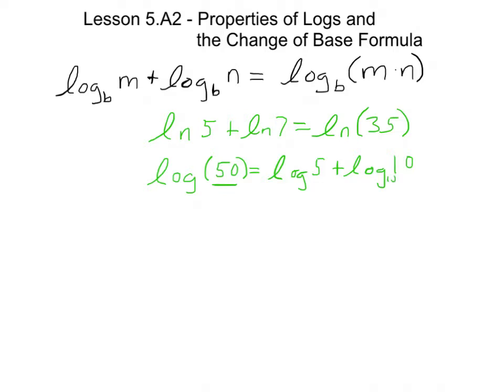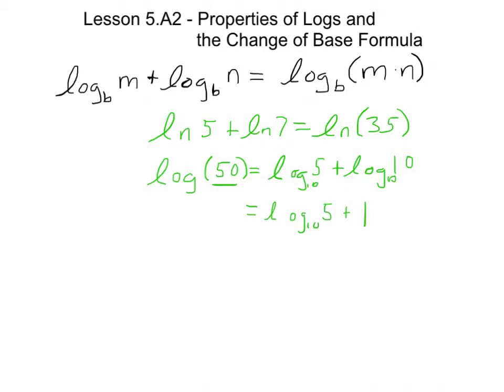So this is log base 10, this is log base 10. And really, that means that this second one can actually be evaluated. The log base 10 of 10 is what? Well, the log base 10 of 5, there's not much I can do with, but this is just 1. So there's a sense in which we can get an idea of what the log of 50 is because we can break it up and look at it this way. Yay, no big deal.